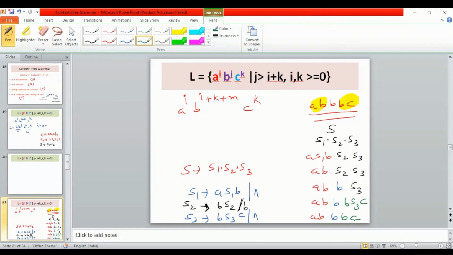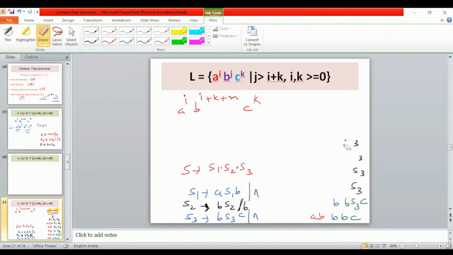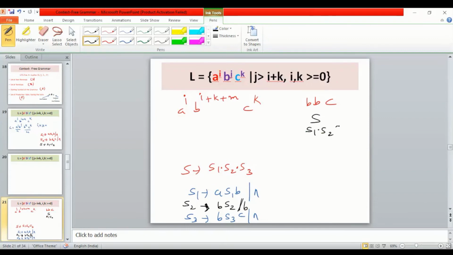Let us derive one more string from this, in which we don't have occurrences of all. This is also valid, J is greater than I plus K, where I is 0 here. So we start with S. We have S1, S2, S3.